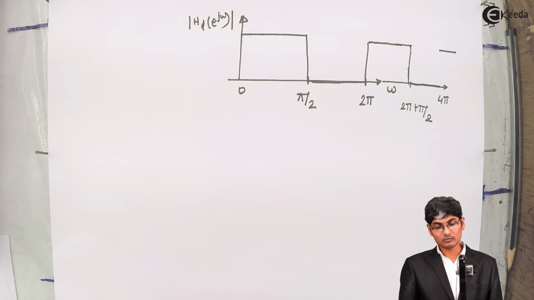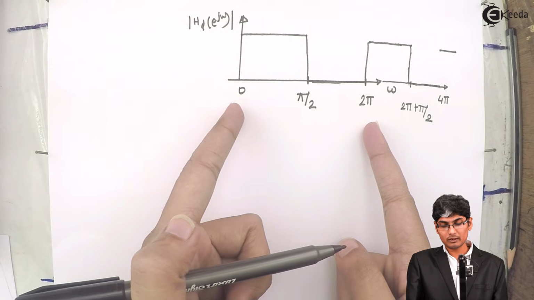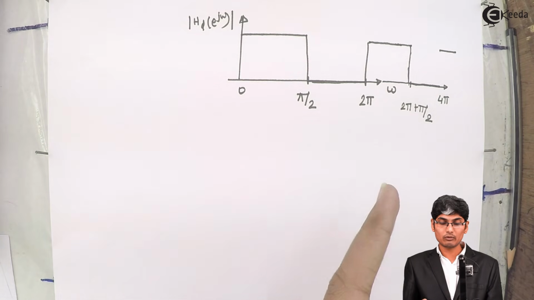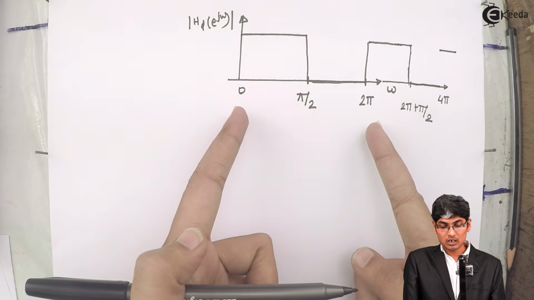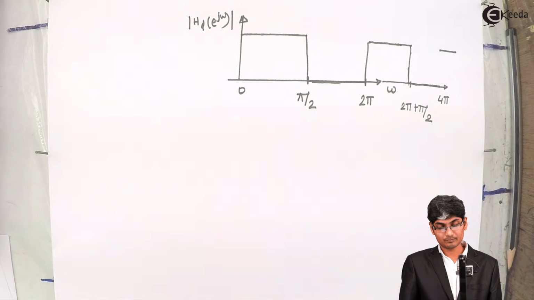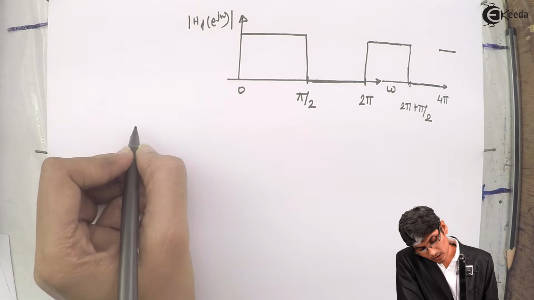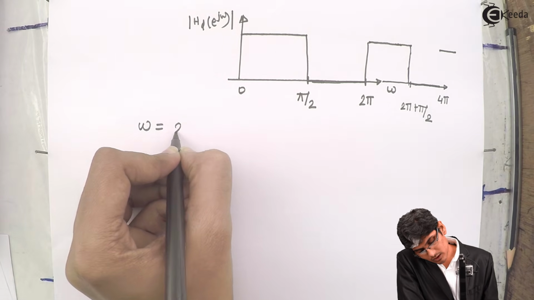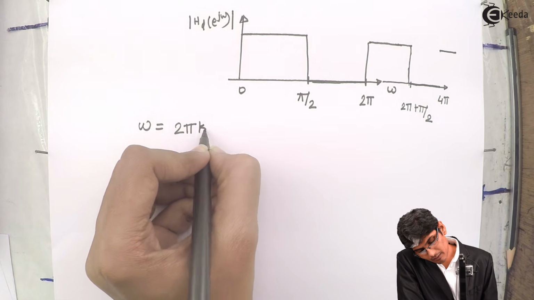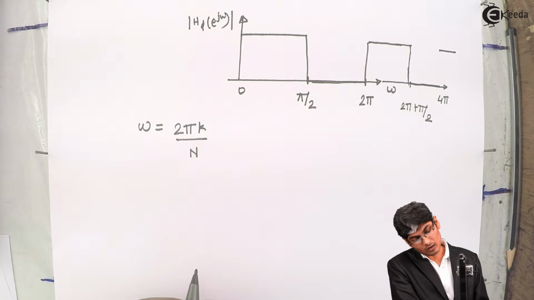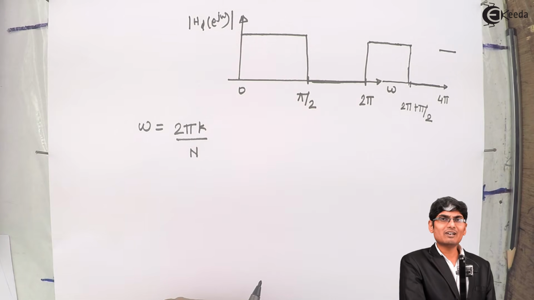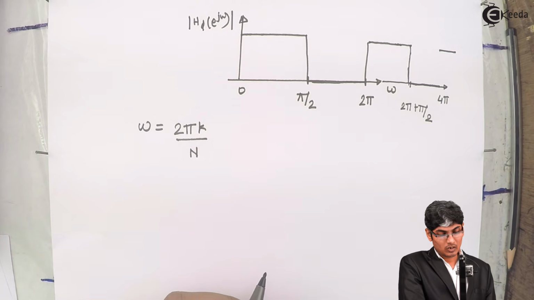Now let us sample between 0 to 2 pi, because after 0 to 2 pi, whatever happens is the repetition of what is happening between 0 to 2 pi. So let us sample the sequence from 0 to 2 pi. Now we know that omega is equal to 2 pi k by N. In the problem they have replaced N by M, where we know that N is the order of the filter, and here they have given M as the order of the filter. So they are one and the same.